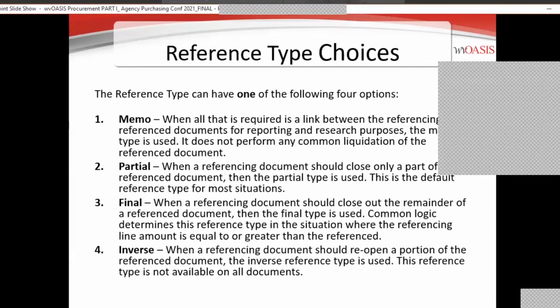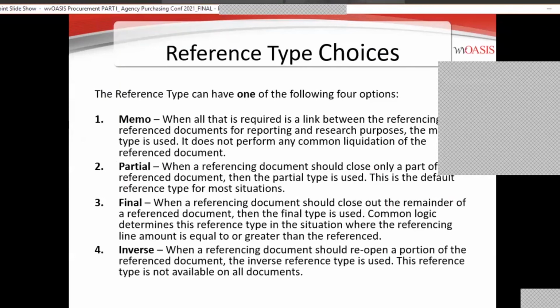We really recommend that in most cases, you let the system do that work for you. A lot of times, especially when it comes to the payment process, that reference will get changed to final, and what final does is it liquidates that line, or if it's at a reference level, it'll liquidate the referenced document line. And then, lo and behold, you have another payment that comes through and you've already closed the line out prematurely.